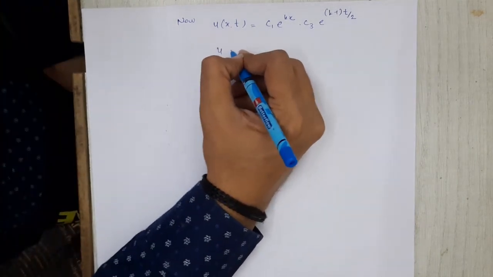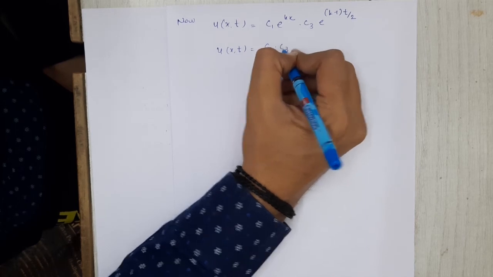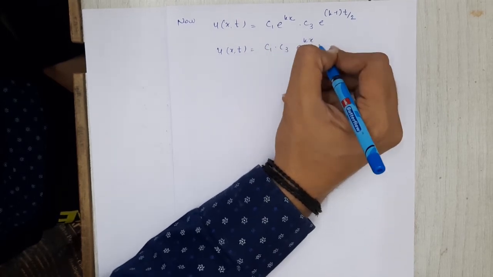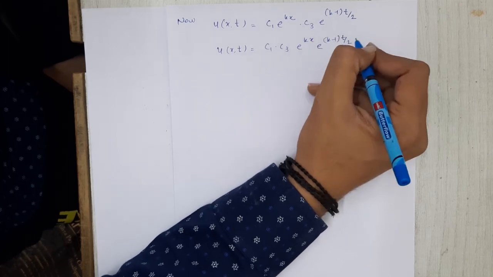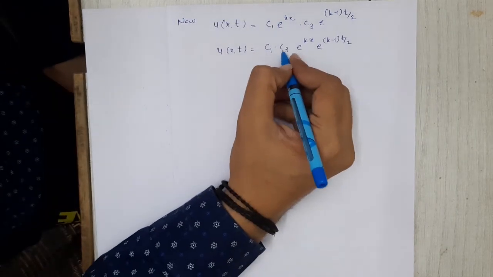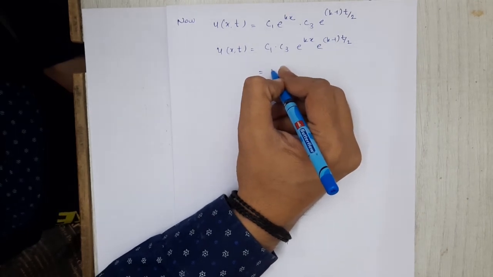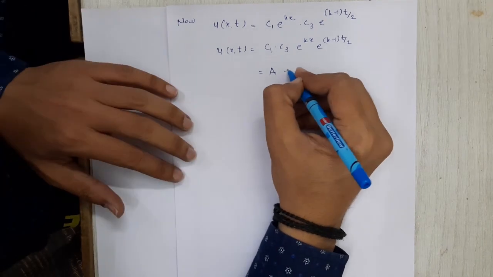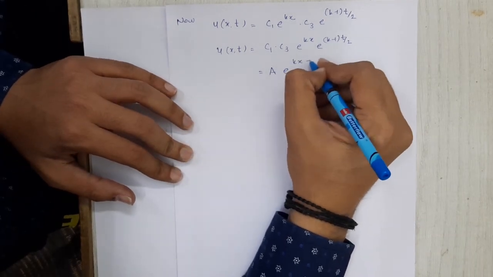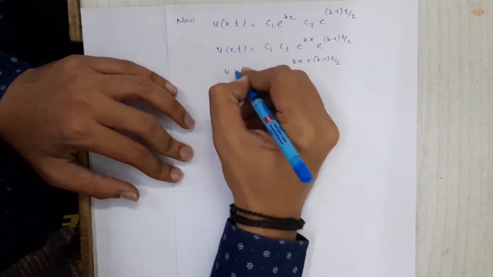So I can write u of x, t is equal to c1 into c3 into e raised to kx into e raised to (k minus 1) t by 2. Now c1 and c3 are constants. I'll write one more constant, say capital A, and for this I will write e raised to kx plus (k minus 1) into t by 2. This is u of x, t.